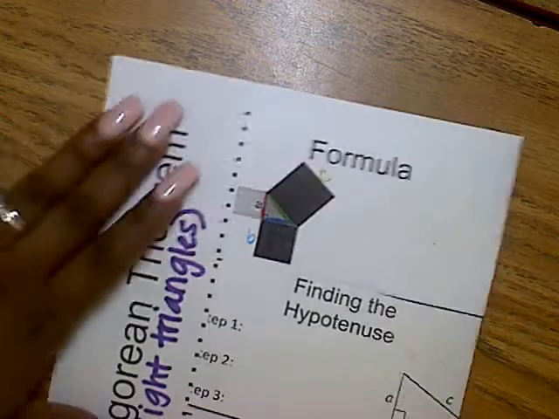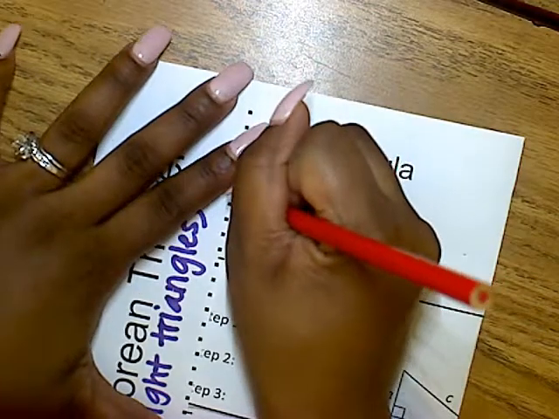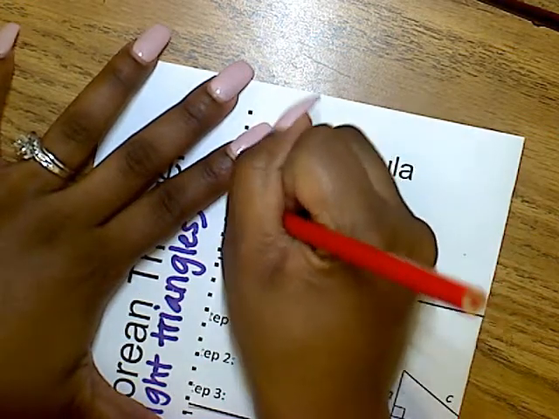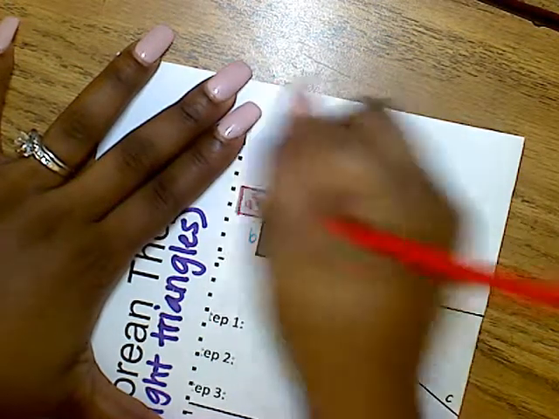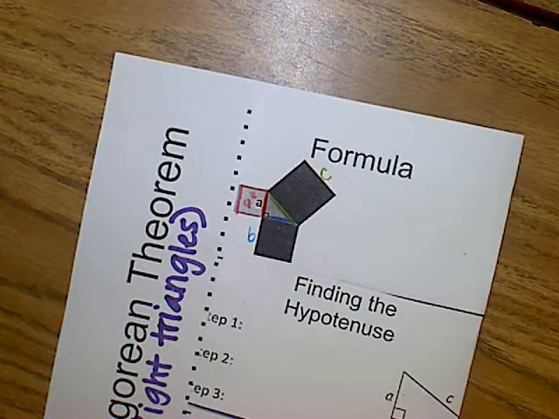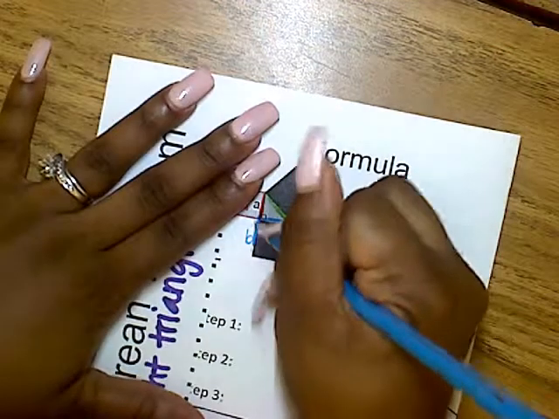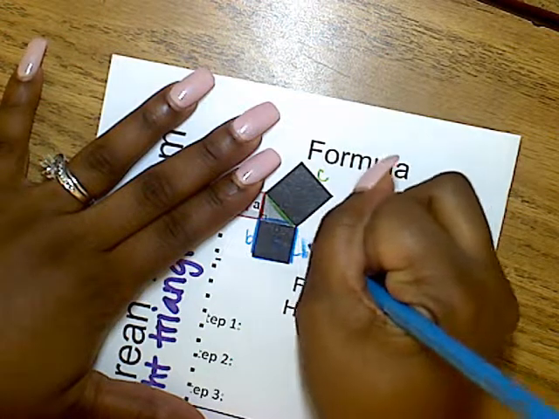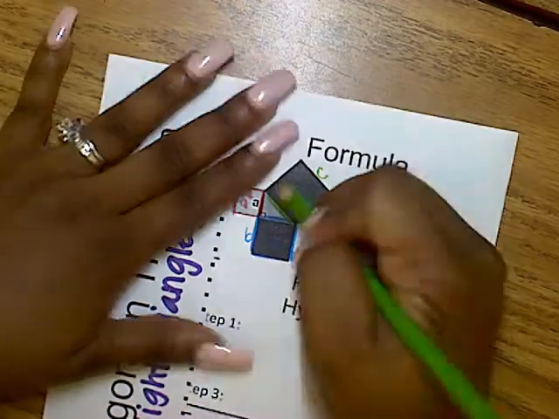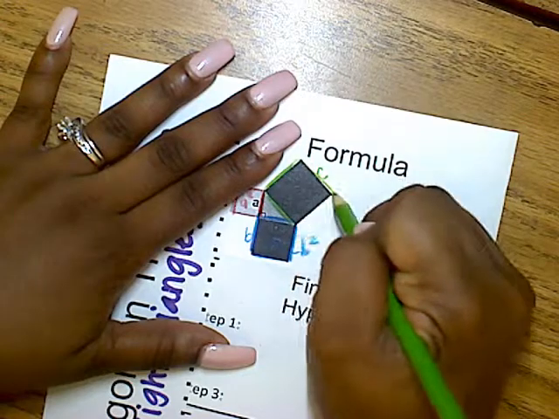So you have this square, and of course we'll call this A squared. So this is A squared. You have B squared, and again, just arrow. And then here you have C squared.